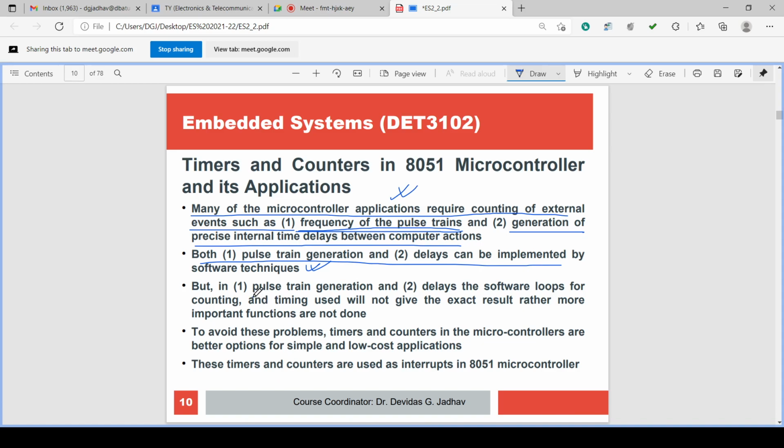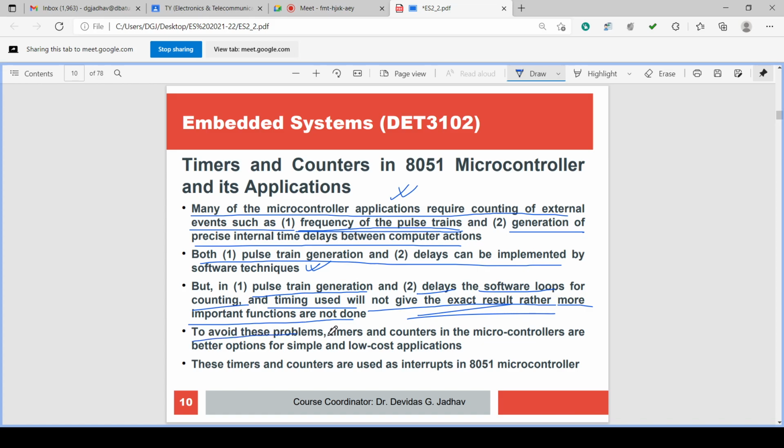In pulse train generation and delays, the software loops used for counting and timing will not give exact results, and more important functions are not done. Exact results it will not give.